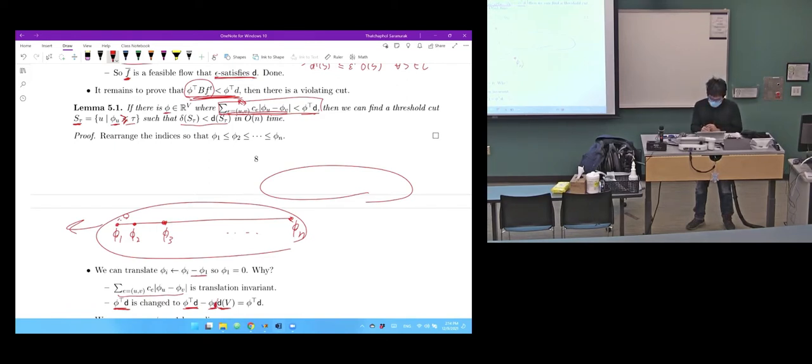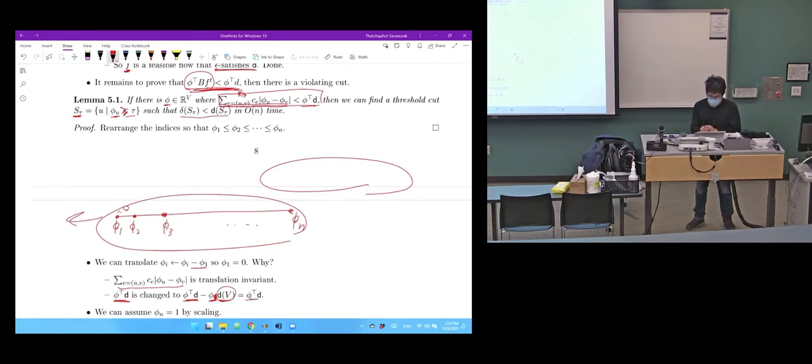But d of v is 0, so it stays the same again. So I now assume that phi 1 is 0. I can assume also that phi n is 1, because once I set this, I can scale everything by some factor. Just multiply both sides by some constant. Nothing changed.